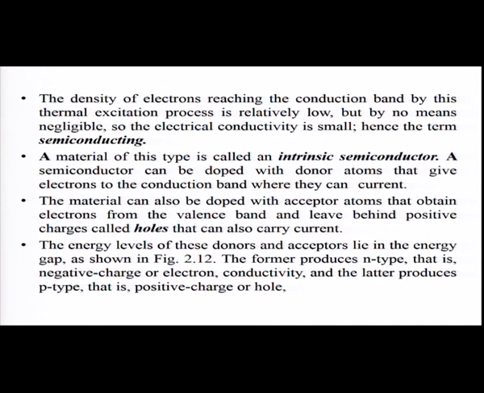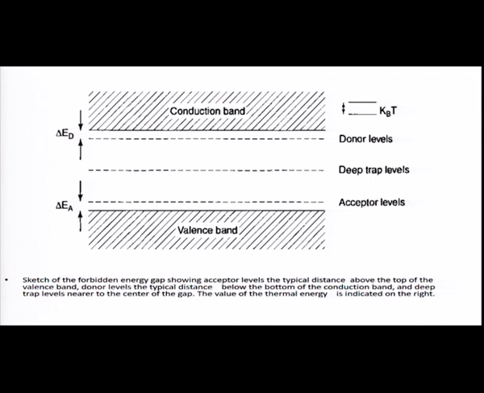Therefore, the energy levels of these donors and acceptors lie in the energy gap and create electrons or holes. This is the schematic sketch showing the forbidden energy gap, with acceptor levels at a typical distance above the top of the valency band, donor levels at a typical distance below the bottom of the conduction band, and deep trap levels nearer to the center of the gap.